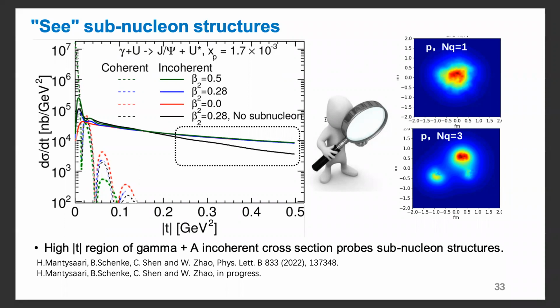You can clearly see that at the high T regions in these gamma-A collisions, the coherent cross section shows a difference from the subnuclear structures. Since this is a much shorter length scale difference, it translates into the higher T regions. So the low T is mainly affected by the overall geometry deformations of the nucleus, and the high T is sensitive to the subnuclear fluctuations inside the nucleus.